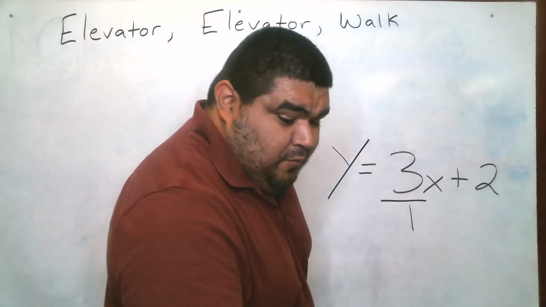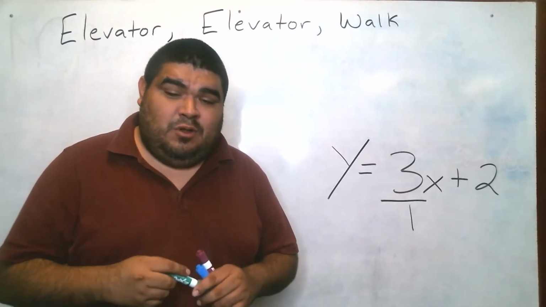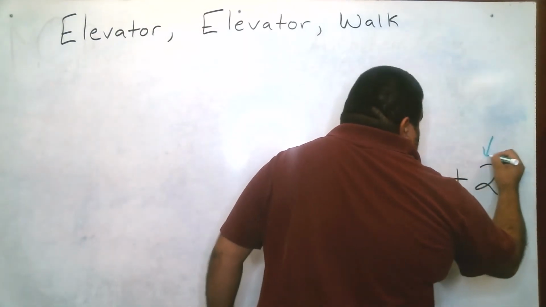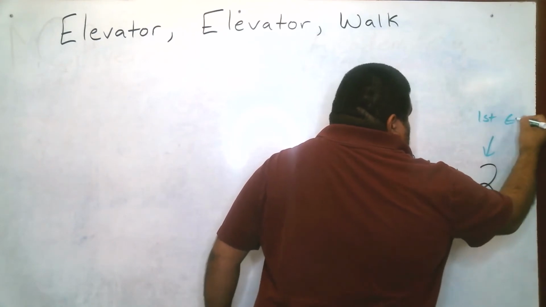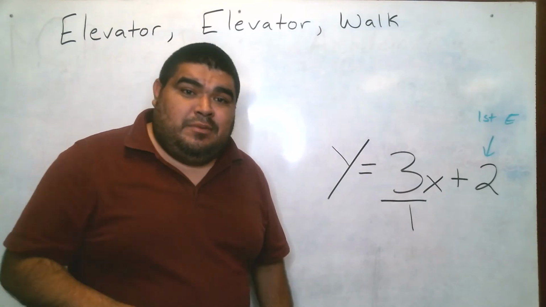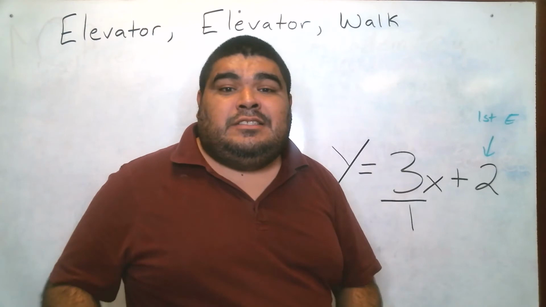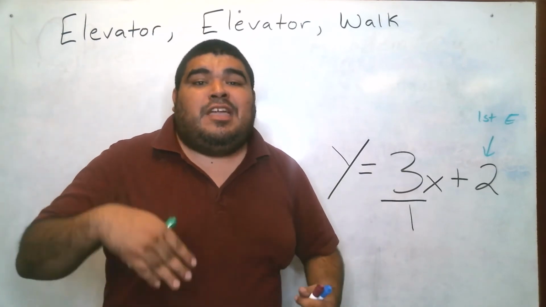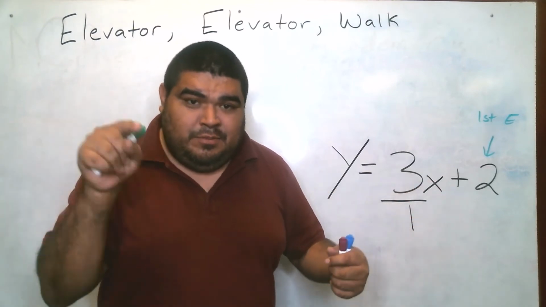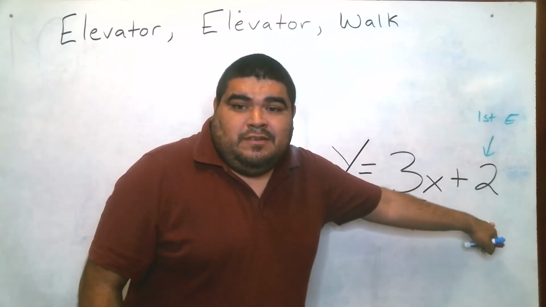So the first thing to label is your first elevator. Your first elevator is always your y-intercept. So this is our first elevator. Now that we have our first elevator, because remember, it's elevator walk, 2 elevators. The reason why is because we always get that luck that we have someone in the elevator already. So we're always second to press the elevator buttons. So that's our first guy. The first guy is going to the second floor, all right?